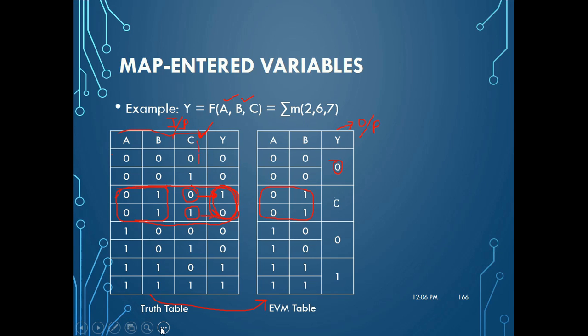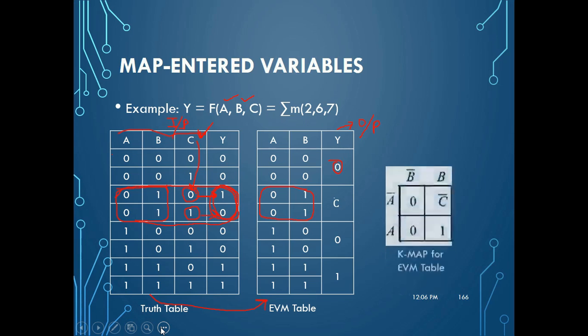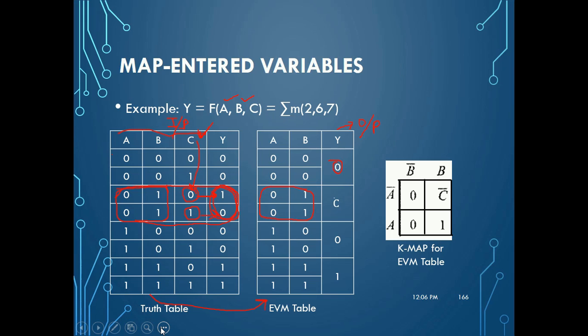That means depending on C value, Y output appears there. So Y output appears based on the C value. So you can write it as C bar. Can I write Y output as C bar? See there, when C is 0, you get complement of 0, that means 1.